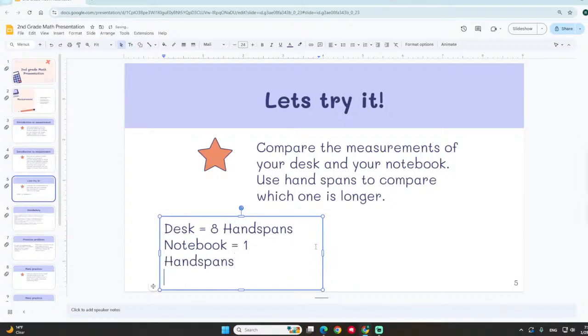So, which number is greater, 8 or 1? Since we already learned this, 8 is greater than 1. So, because 8 is greater than 1, the desk is going to be longer than the notebook. So, we can say the desk is longer than the notebook, or the notebook is shorter than the desk.